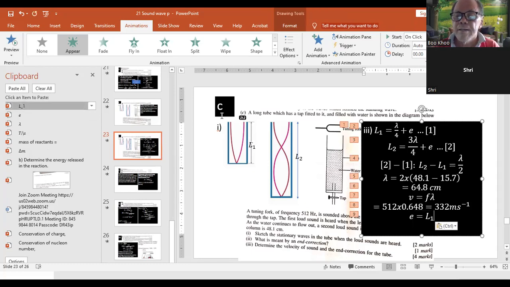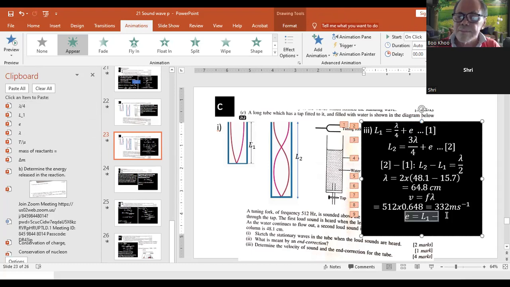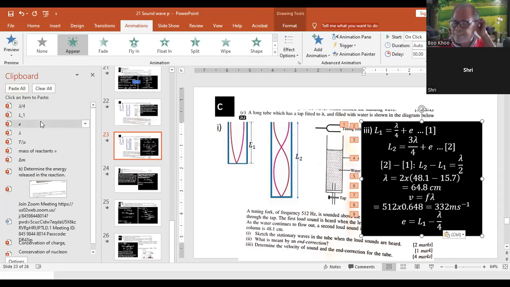L1 minus your lambda over 4. Okay, I think I will let you do it yourself. That's all. Show you how to do the end correction.